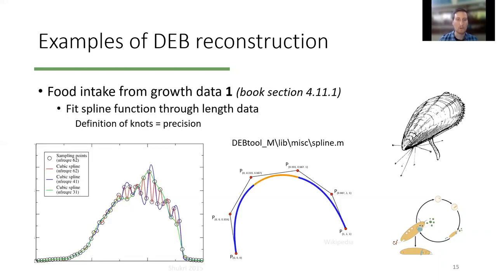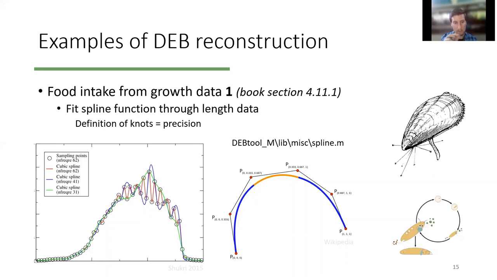So cubic spline functions are often used in interpolation, and they rely on the definition of knots. And the more knots you have, basically, the more precise the interpolation will be. And this is the same for our reconstruction.